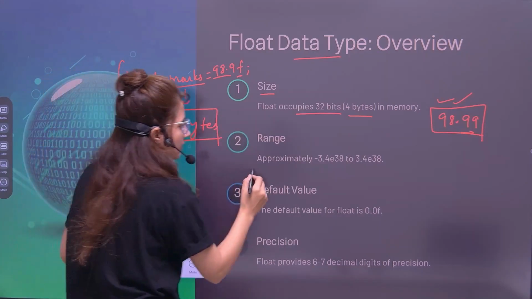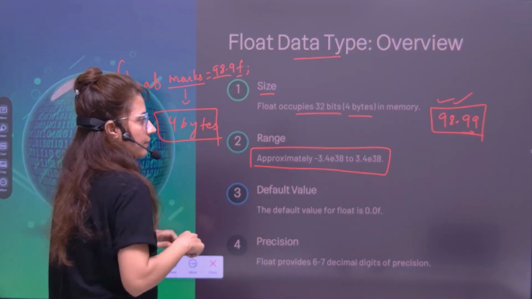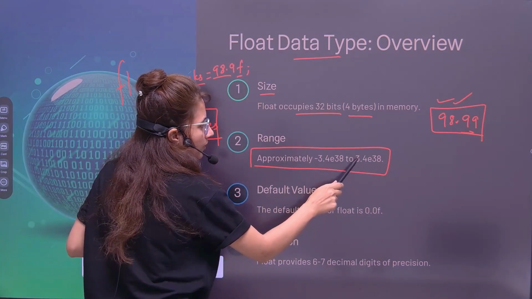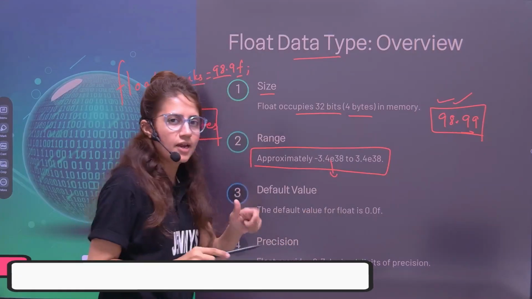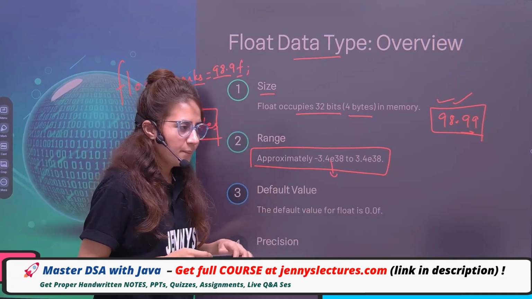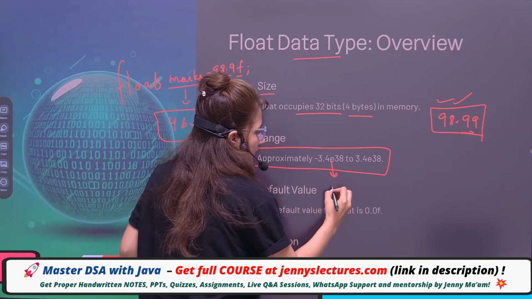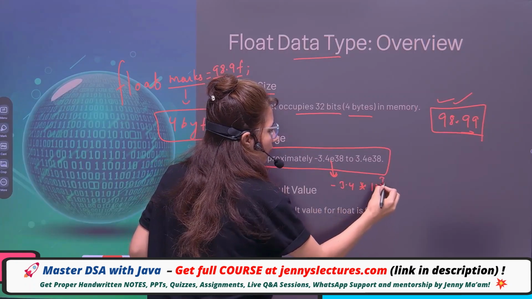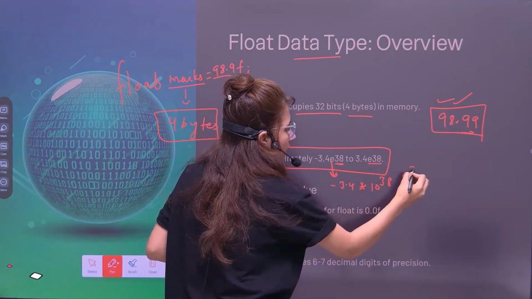The range is approximately this for the float data type: minus 3.4 E 38 to plus 3.4 E 38. Now what is this E? It's scientific notation. Basically, when you write E, it's like minus 3.4 times 10 raised to the power of whatever is there after E. So here, 10 raised to power 38.